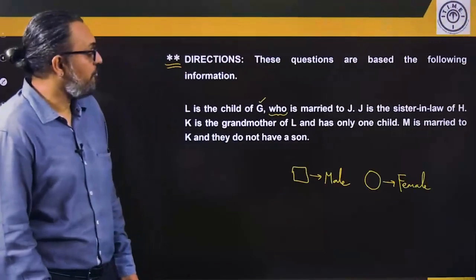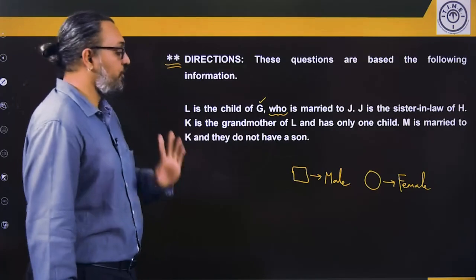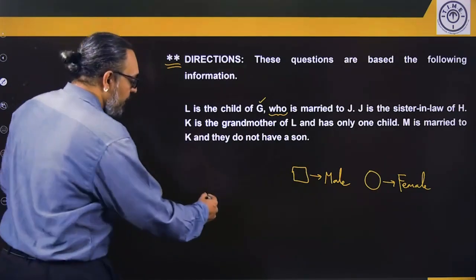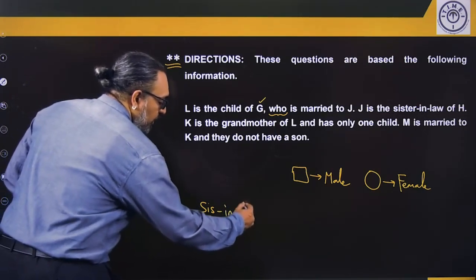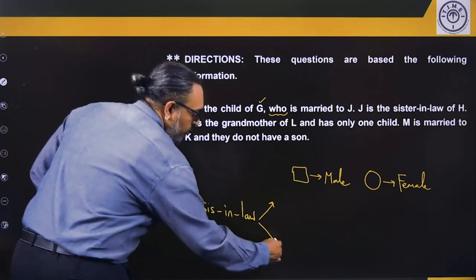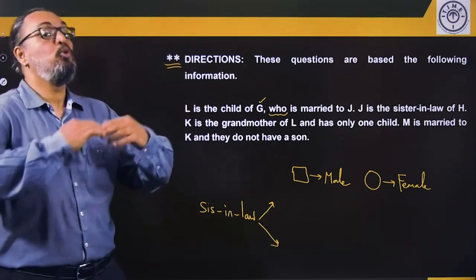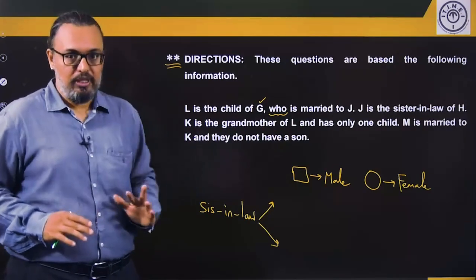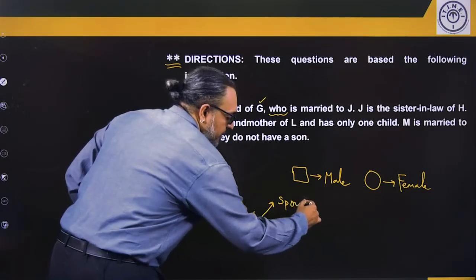And what else do we have? J is the sister-in-law of H. Now how do you identify a sister-in-law? Sister-in-law can be identified in two ways. Whenever in-law is attached, it has to come through relation only, through marriage only. One, you can take it as spouse's sister.